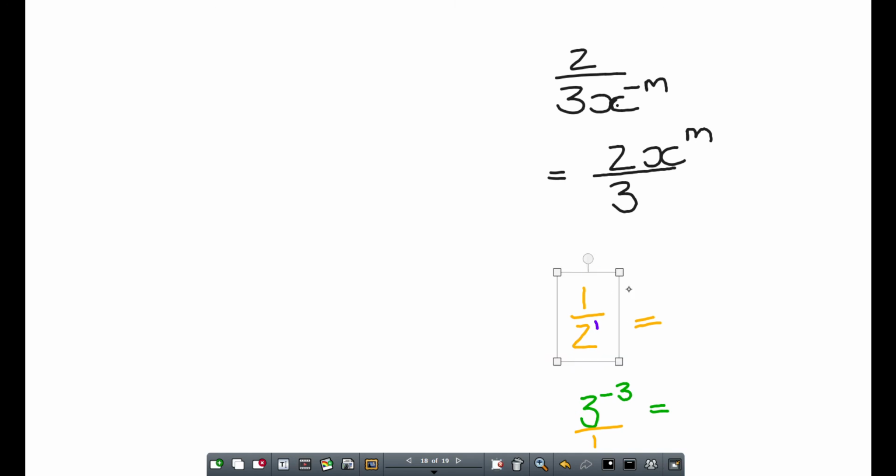Now that 2 is actually 2 to the power of 1. I don't want it in a fraction. I want a base and exponent. So what I'm going to do is I'm going to take this to the top. And then what would it become? 2 to the power of? Sign changes. Minus 1.